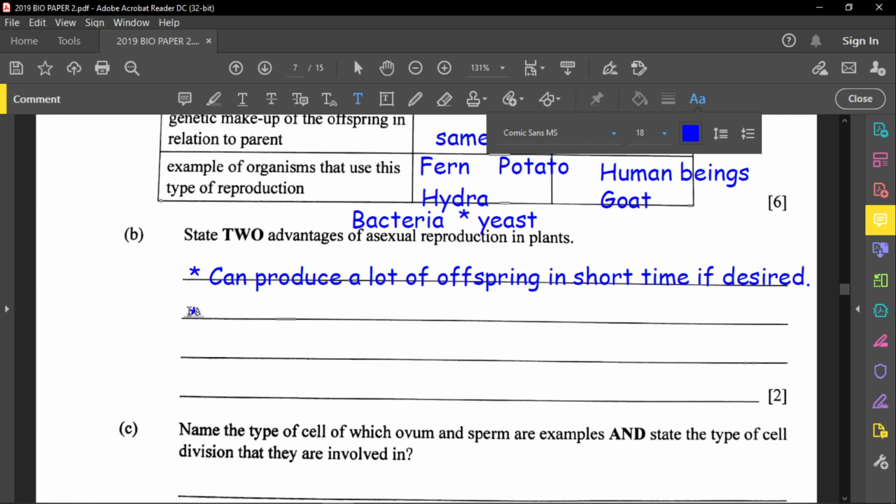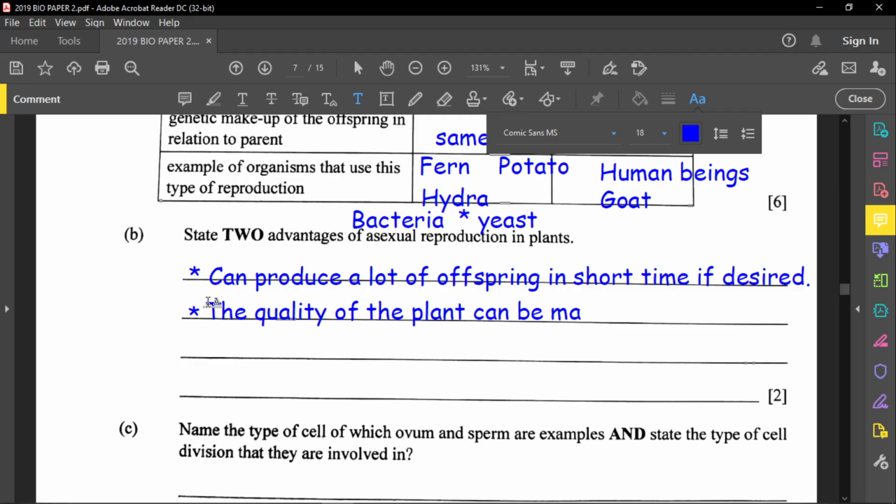Another one you could put here is that the traits or the characteristic can be maintained. So the quality of the parent can be maintained. The quality, because remember there is no change, right? So the quality of the parent or the plant, the quality of the plant, because you say this is in plant, so the quality of the plant can be maintained.